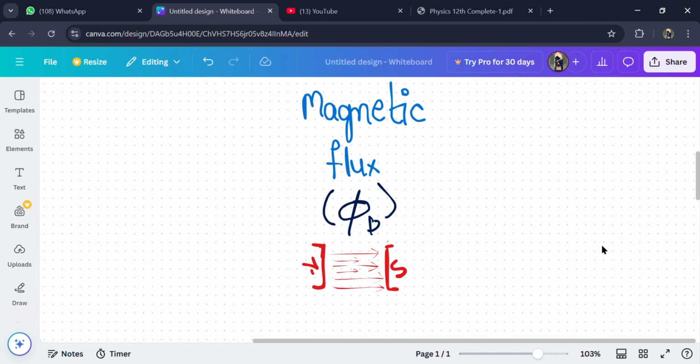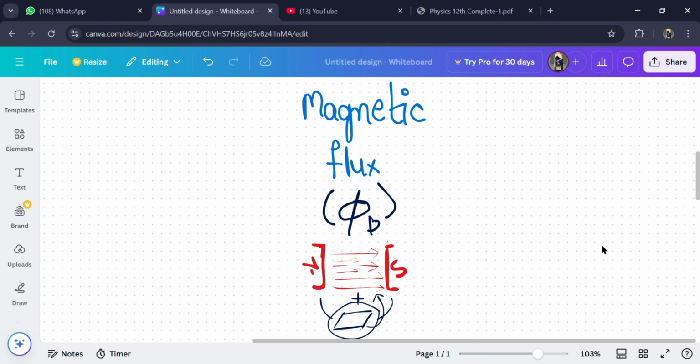Now to understand the concept of magnetic flux, you need to again consider a specific area. Let's say this is an area. So the relationship between this area and the magnetic field lines is known as the magnetic flux. What we need to do is keep this specific area within the magnetic field.